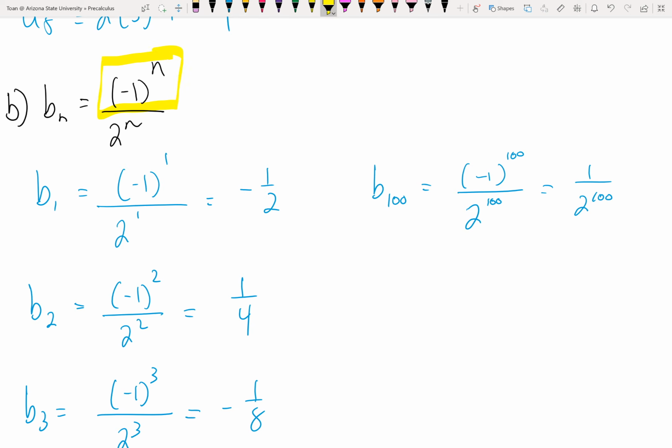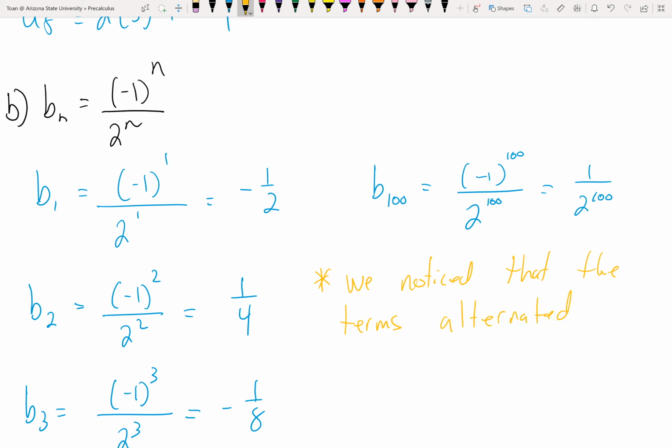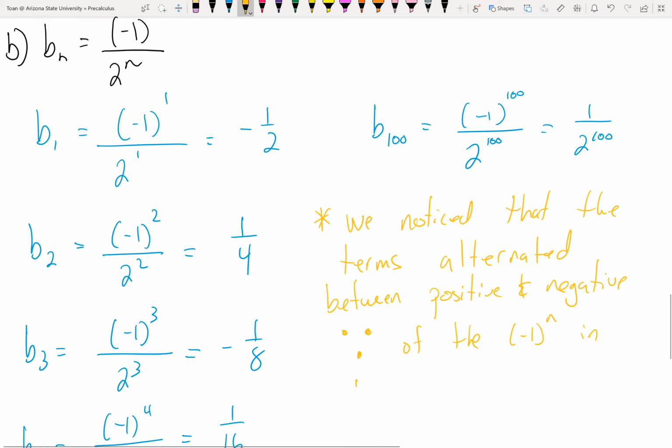A negative 1 to an exponent in a sequence has the job of just alternating the signs of the terms. So we notice that the terms alternated between positive and negative because of the negative 1 to the n in the formula.